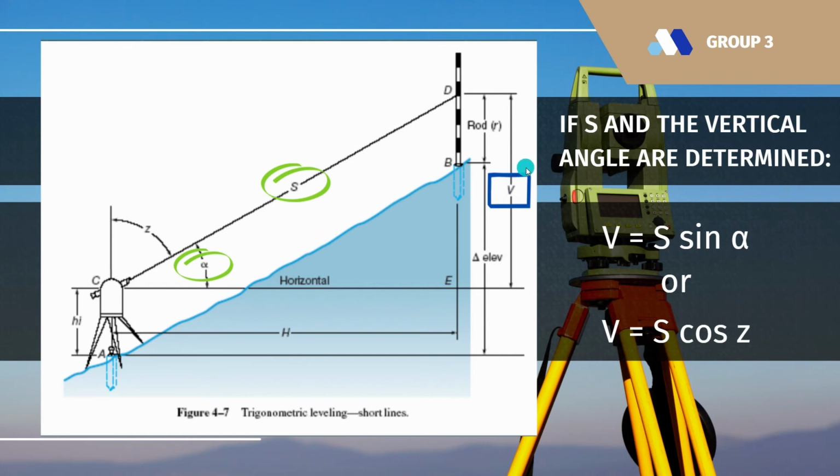Our opposite is V and our hypotenuse is S. Cross multiplying, we arrive at this formula, which is V equals S sine alpha. Or we can also use cosine, where V equals S cosine Z, where Z is this angle right here.